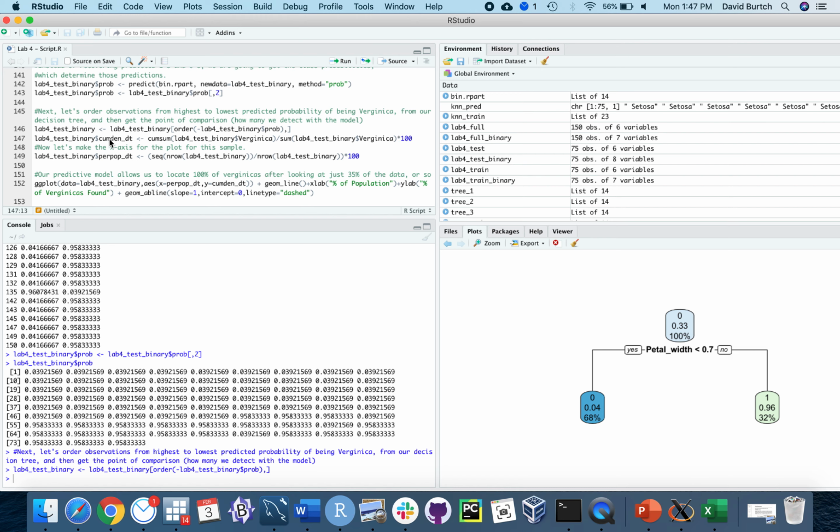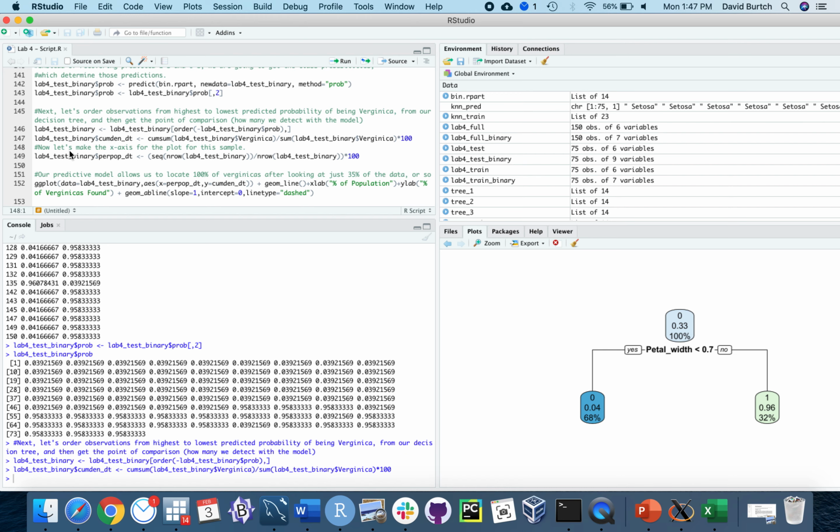Okay, so this is my y-axis in the plot. And then I need an x-axis that goes along with it, which is what proportion of the data have I looked at as of a given observation. So essentially my y-axis, recall, is: given I've looked at 10% of the observations, or 7.5 of them, what proportion of all Virginicas have I found?